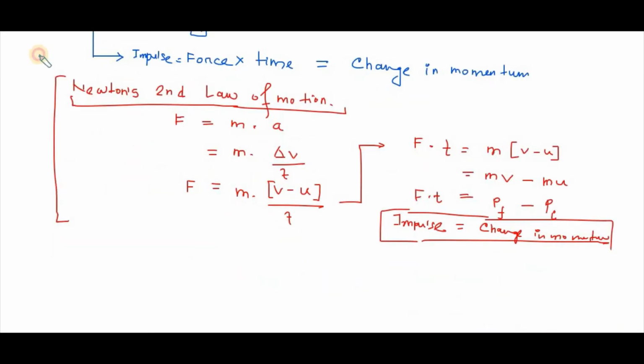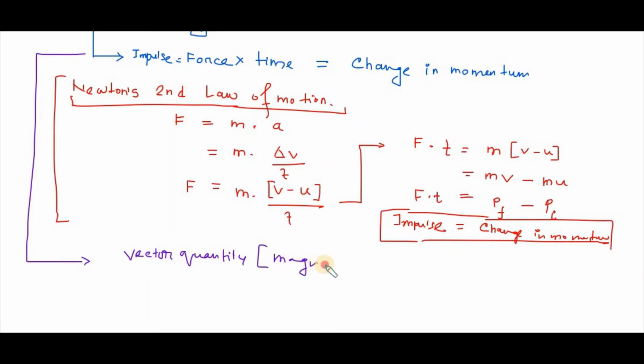A few more details regarding impulse: it is a vector quantity, which means besides magnitude it also has direction.